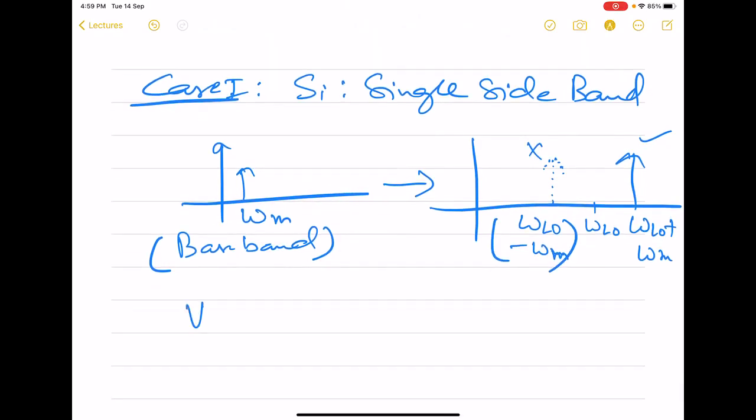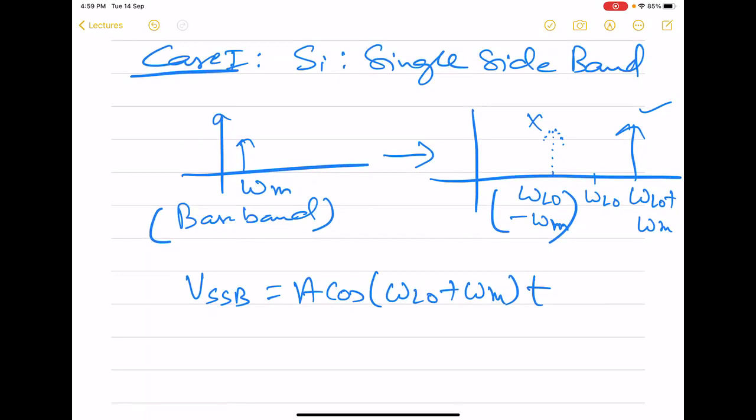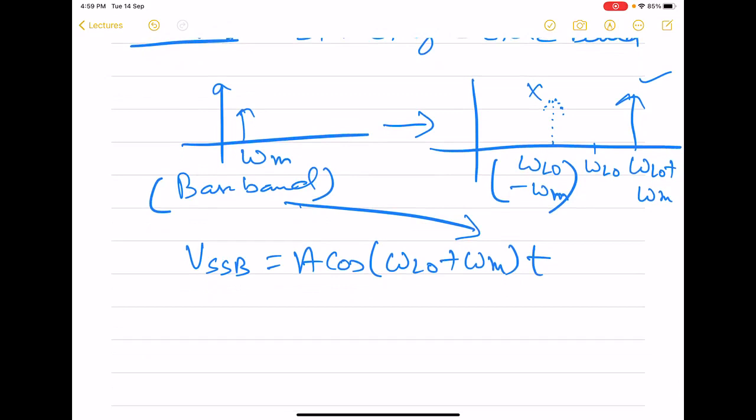So our VSSB is going to be A cos((omega LO plus omega M)t), where omega M is the baseband signal, the message signal. Therefore, SI is going to be equal to A square by 2, because A is the amplitude.